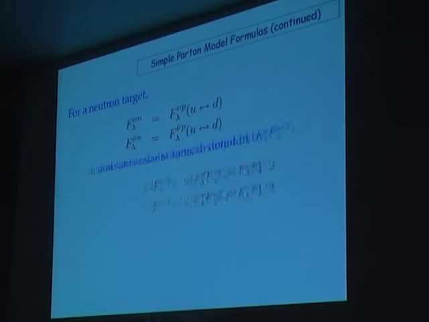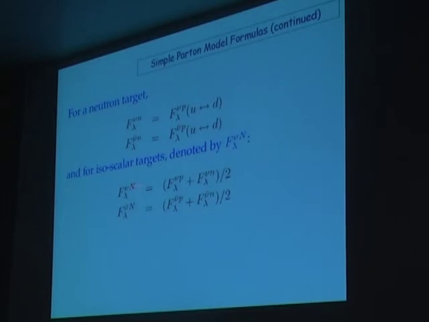And then when you actually do neutrino scattering, most of the existing neutrino experiments are done with heavy targets. It's a mixture of protons and neutrons, so for an isoscalar target, you have these combinations.